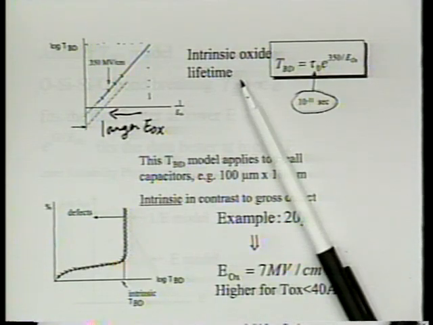But even for intrinsic oxide, and this is sometimes a little confusing for students to first hear, there's still one chain of SiO2 molecules in this amorphous film that will break down first. Nonetheless, you take 100 of these intrinsic capacitors, even though each has one chain that breaks down first, they all give you very similar breakdown lifetime. But that's the intrinsic behavior of the oxide. They don't differ very much.